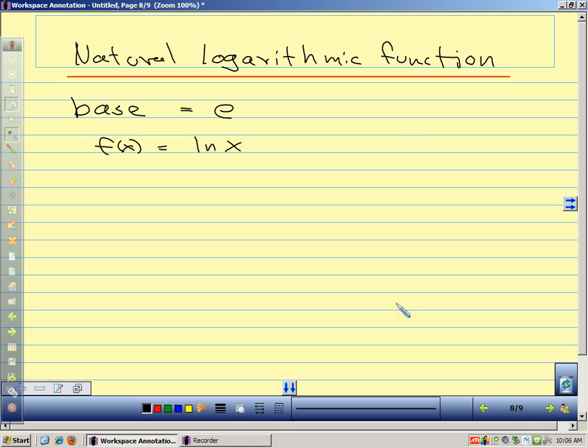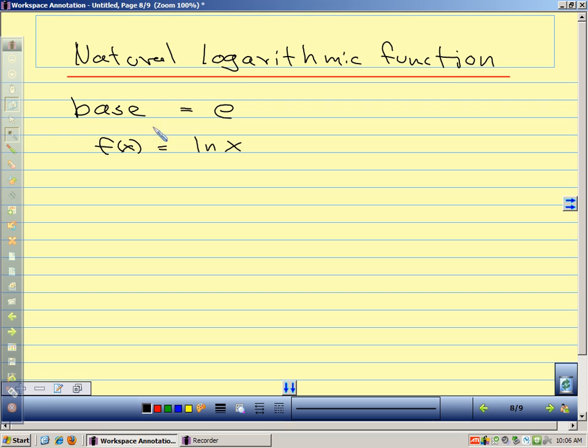So if you're asked to calculate something, it's either going to have to be in base 10 or in the natural logarithm. And if it's not, we'll learn how to switch them around, I think on Monday when we talk about that. So just a couple of examples. All the properties are exactly the same for the natural logarithm as the other logarithmic functions.